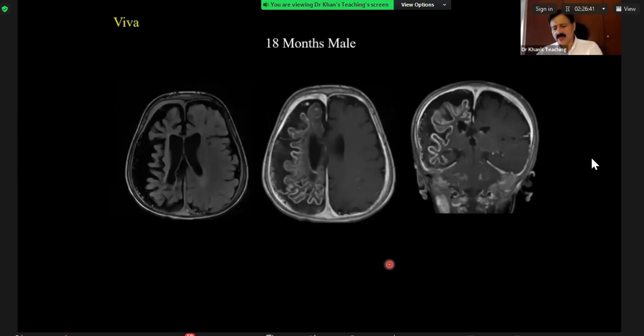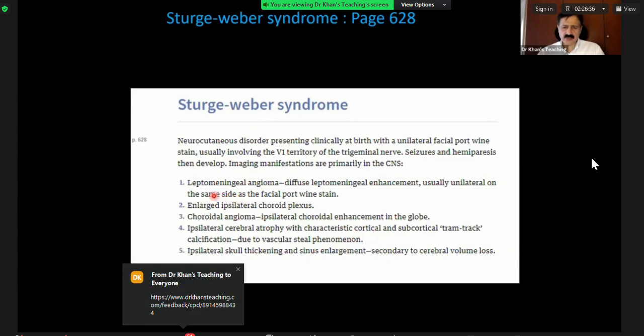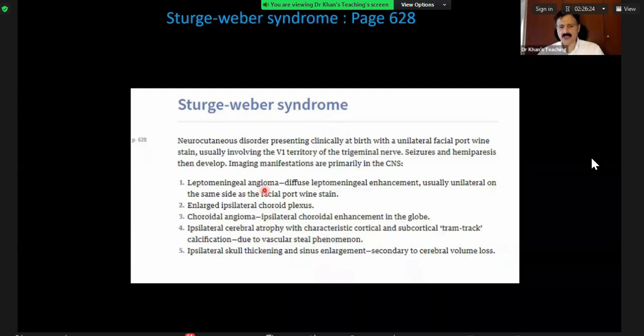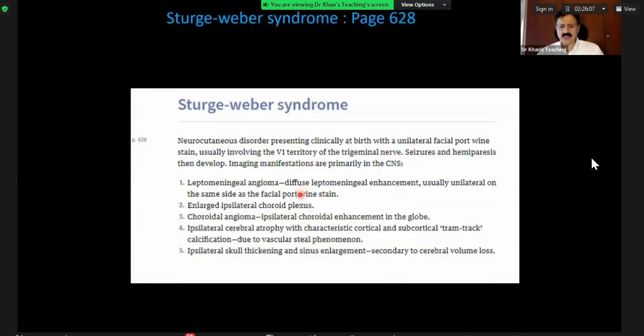Basically, if you go back to Sturge-Weber syndrome, the concept is that there is a leptomeningeal angioma, basically a venous malformation type of thing sitting on the leptomeninges, and because of that, when the baby is let's say less than 1 year old, if you give contrast, it will enhance and give you this kind of picture. But the key concept is that there is a bit of vascular steal phenomenon going on.